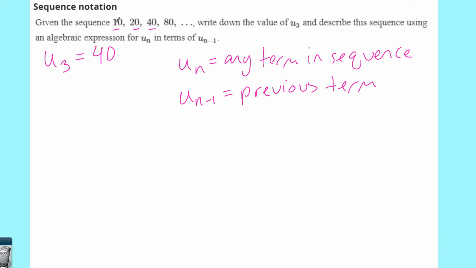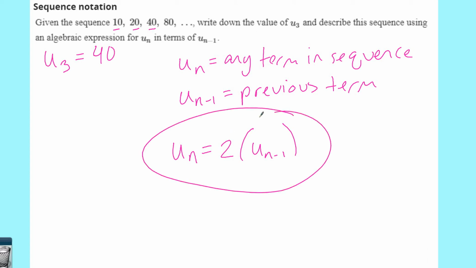Well, what's happening? I go from 10 to 20 to 40 to 80. I am doubling it. So, I can get any term by doing 2 times the previous term. You can put parentheses around the U sub N minus 1 term, you don't have to. I just want to let you know that I'm doing 2 times the term before it. That would be your answer.